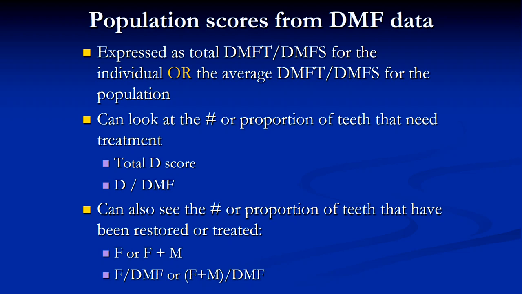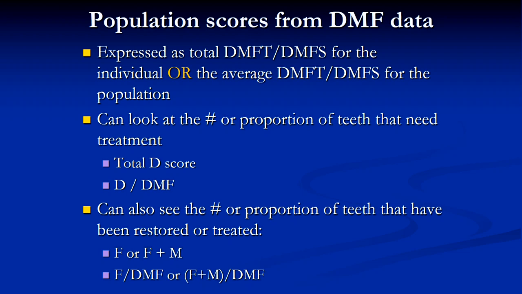So we can say this population had a total D score of X, or a total F score of Y. So we can give the count of the diseases or the statuses that's going on within that population.